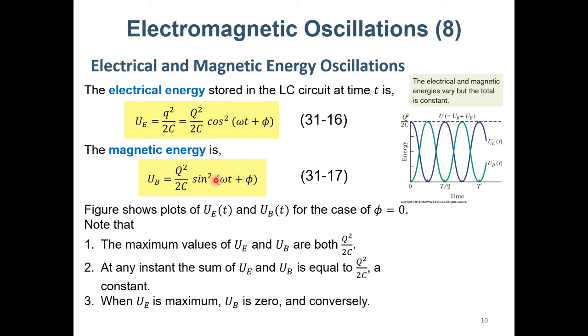So when they have a square, then the maximum value is 1. So it will be between 0 and 1, something like this.